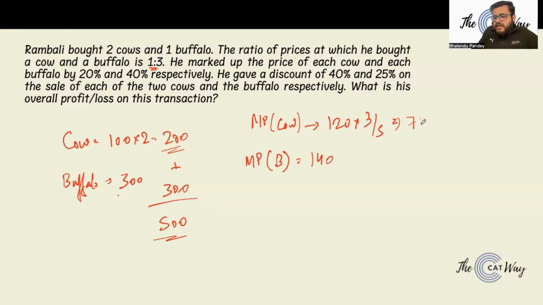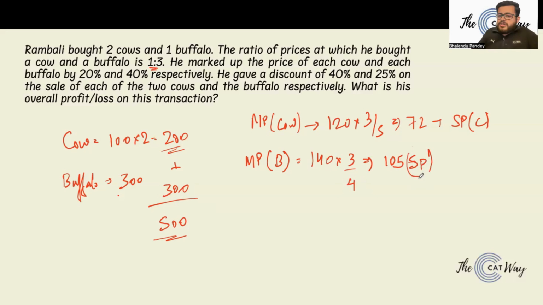So he is selling each cow for 72 rupees, the selling price of cow. And 25% over here, so multiplied by 3 by 4. This simply gives you 105. Right? So that means the selling price of each buffalo is 105.